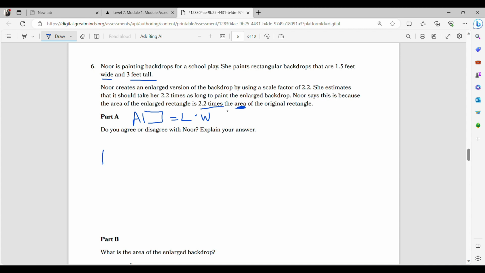Let's draw it up. Not the best drawing in the world. So 3 feet tall and 1.5 feet wide. Alright, so the area for this rectangle is going to be 3 times 1.5 equals 4.5.